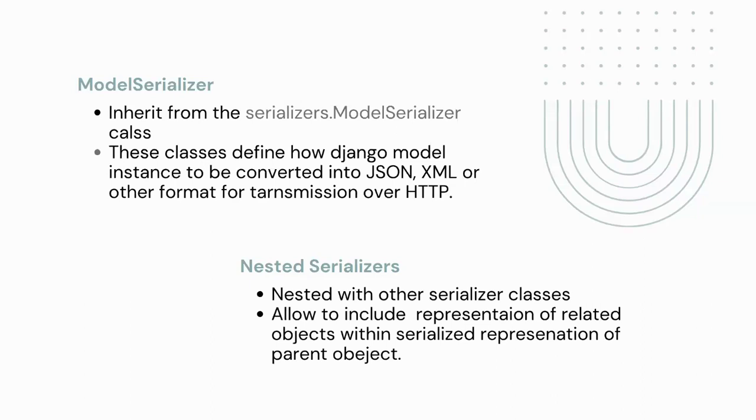For example, if we have an employee model with a foreign key relationship to a department model, you can use a nested serializer to include information about the department when serializing an employee object. This type of serializer also handles deserialization of related objects when deserializing the parent object.